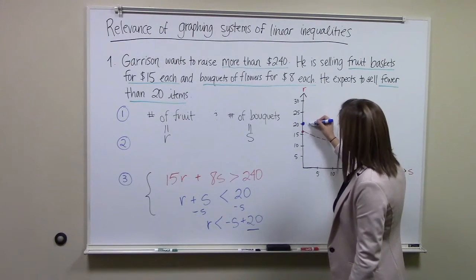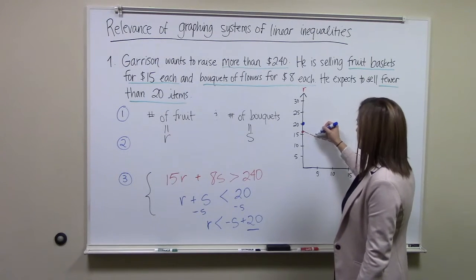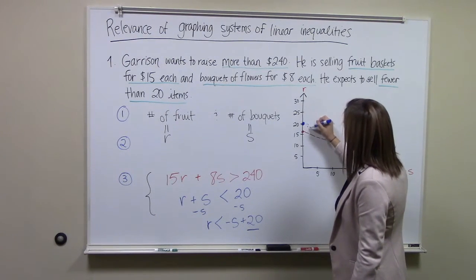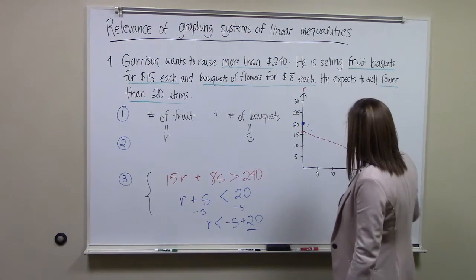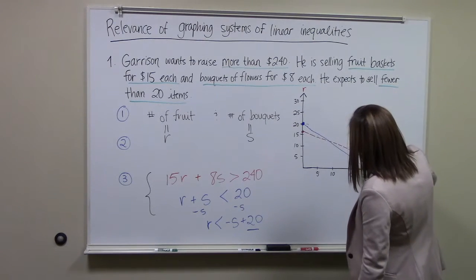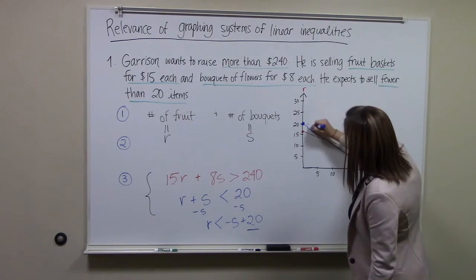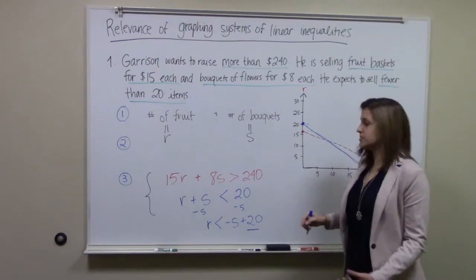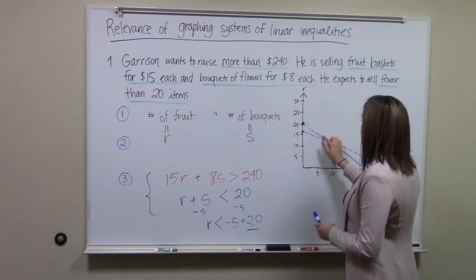So I'll move down 1 over 1, down 1 over 1, and I will find that my graph looks something like this, and that I will end up over here. So I will have that line, but just like before, I only have less than, I don't have less than or equal to. So I'm going to have to dot my line.